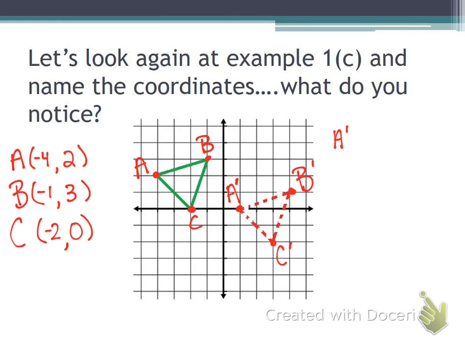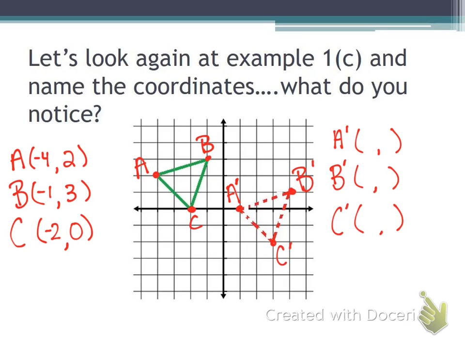And then we could find the coordinates of those points. A prime, B prime, C prime. Sometimes you'll see them labeled as completely different points. Like if the original is ABC, then the image might be DEF. Sometimes they'll use completely different letters, but sometimes so that you can see which point moved where, they'll label it with primes. Questions about the prime notation?